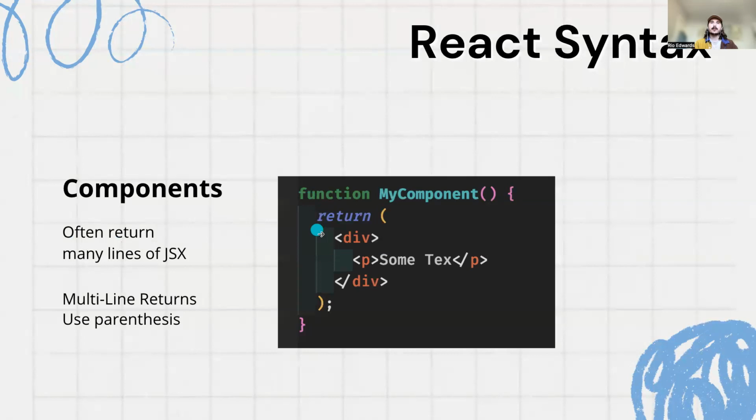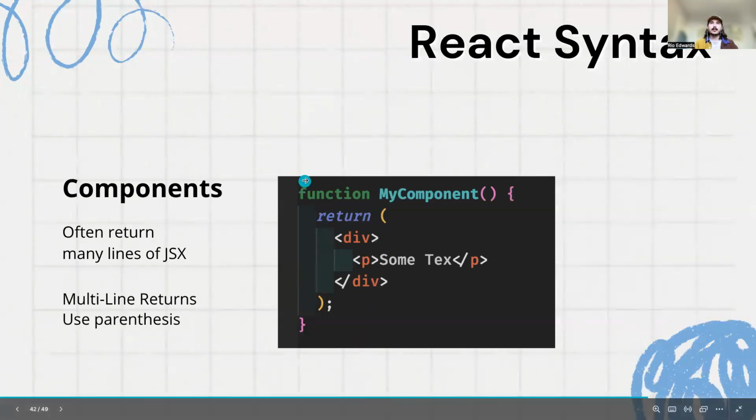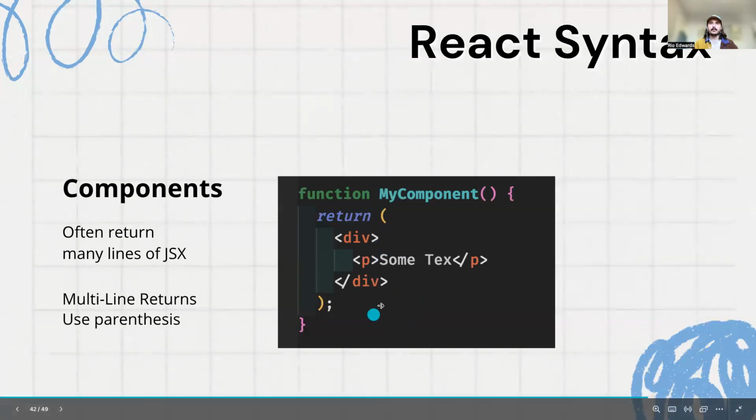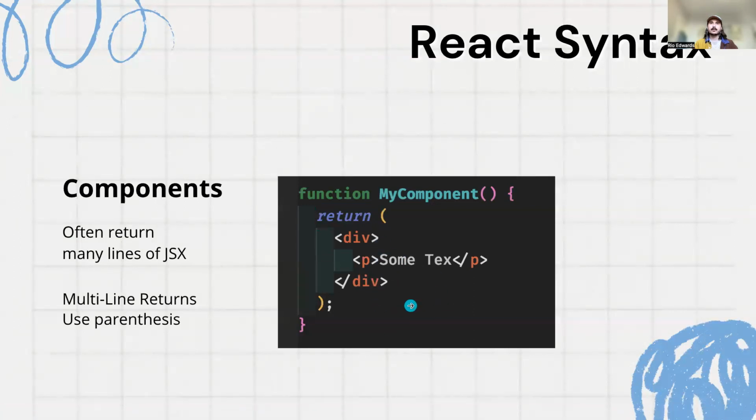In a React component, your return will sometimes be at the very top of your function, and the return itself will be really big, a bunch of different lines. It's basically saying, I want to return this huge list of JSX elements. You have to wrap them in parentheses if it spans multiple lines. Just something to watch out for.